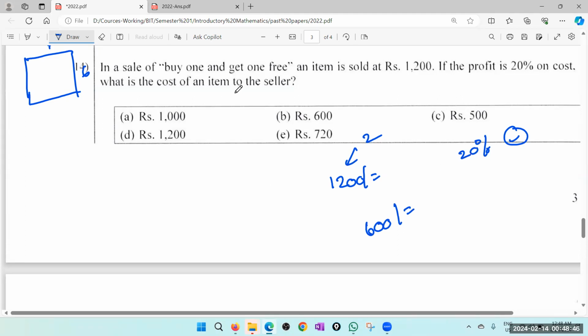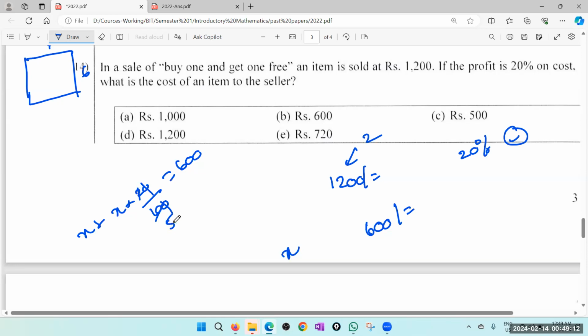What is the cost of an item to the seller? So let's say this is X. Then of course X plus 20% of X, that is what is paid with 20% profit, and that is equal to 600. Then I can simplify 20 over 100 as 1 over 5.